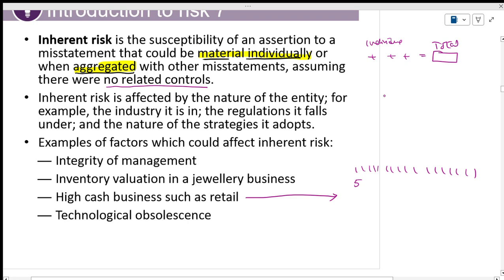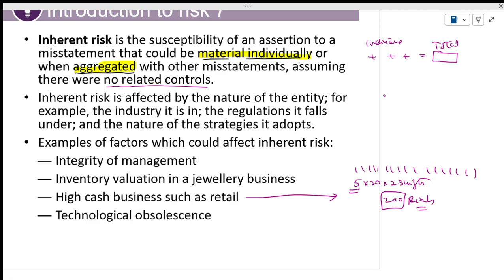What will happen? 5 reals into 20 cashiers into 2 shifts. Just imagine, every day there will be a loss of how much? 200 reals. 5 reals is individual and 200 reals is the aggregate. That is the inherent risk.